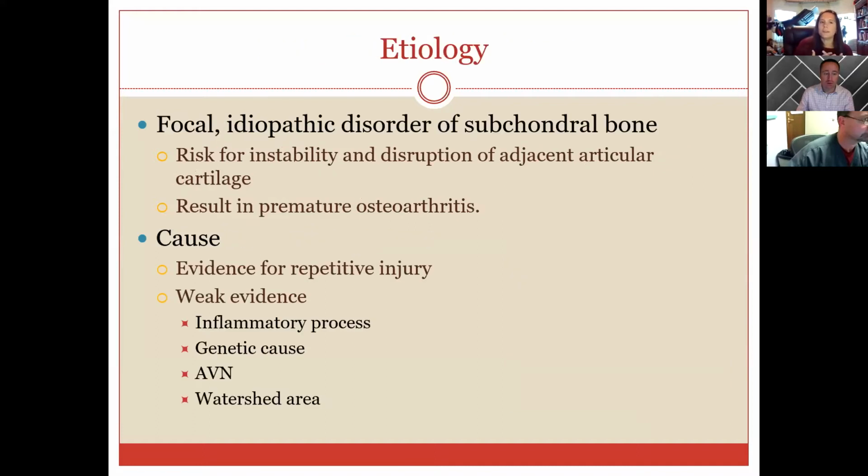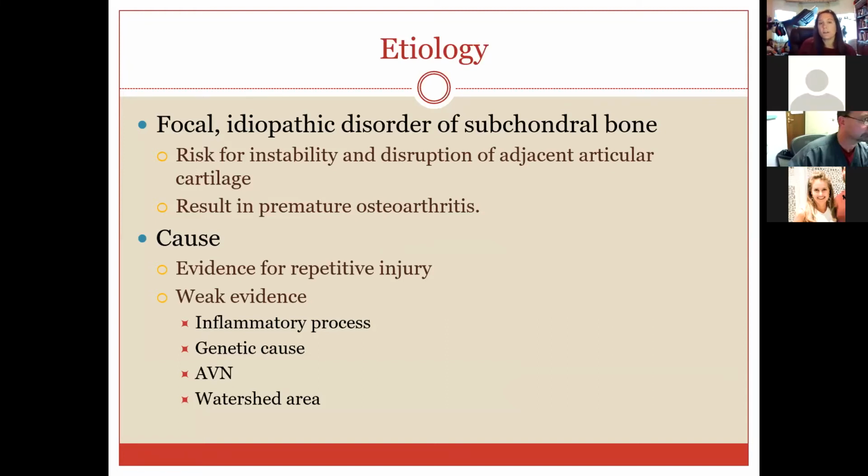And what it is, it's a focal idiopathic disorder of the subchondral bone. Again, typically going to be in the knee. And the problem with this is that as that bone dies, the overlying cartilage, that smooth layer that's sitting over top, starts to get disrupted, and then the cartilage will actually fall off. Now you've got a bare spot of bone. Now you have arthritis and potentially a very young person.